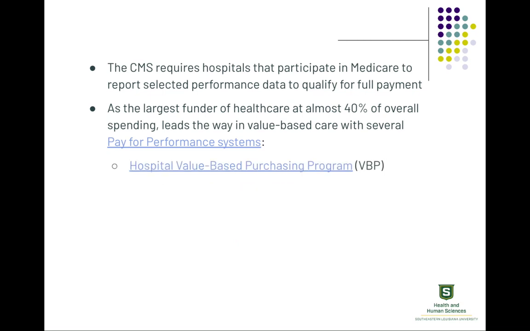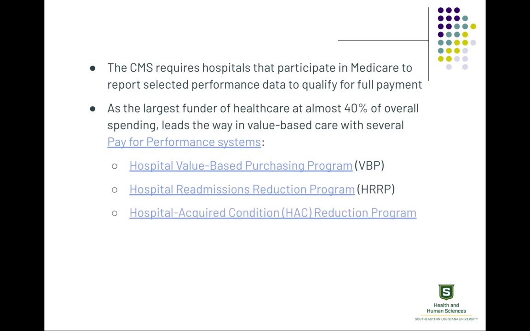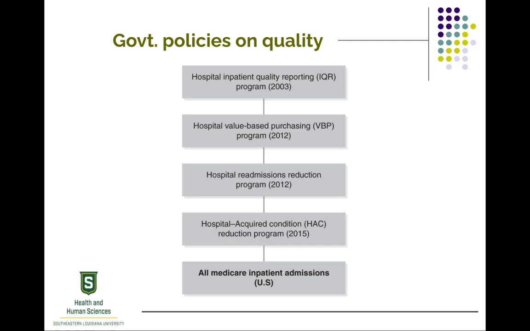You have the hospital value-based purchasing program, the hospital readmissions reduction program, and the hospital-acquired condition reduction program. I'm going to talk about these three in a little bit more detail, but they're not the only ones. The other one is the hospital inpatient quality reporting program, which I'm not going to talk about in this class.